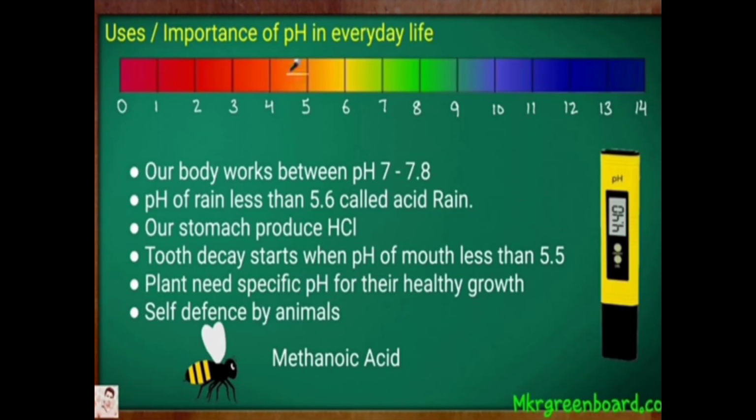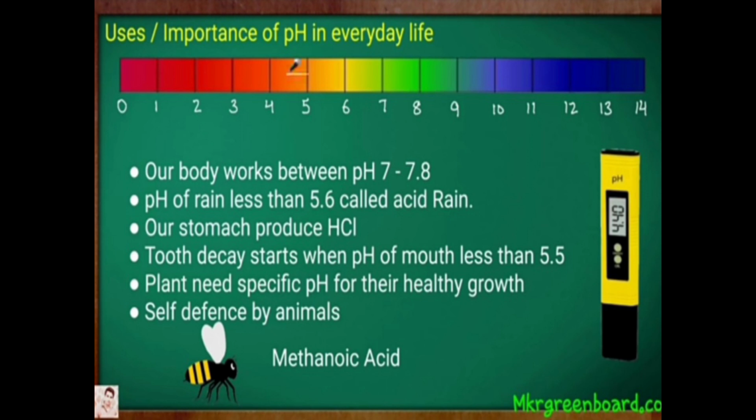Now, uses and importance of pH in our everyday life. First, our body works between pH 7 to 7.8. That is, living organisms can survive only in a narrow range of pH change, that is 7 to 7.8, not less than this, not more than this.